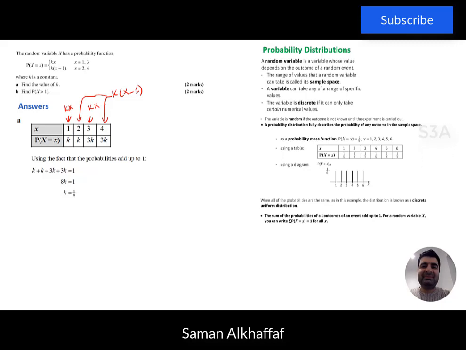Now for part B, we need to find the probability of X being bigger than 1. So we'll start by creating our probability distribution.